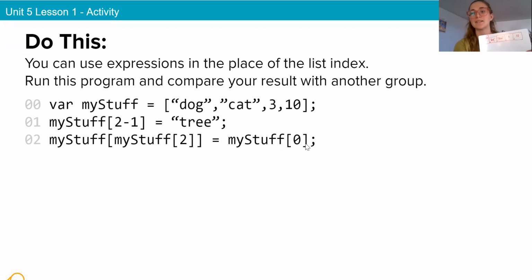So if I replace myStuff[2] with 3, then I'd get myStuff[3] equals myStuff[0]. So what that's telling me to do is look at myStuff[3] and replace it with the value of myStuff[0]. So 10 is going to be changed to the string dog. And I should end up with dog, tree, 3, dog.